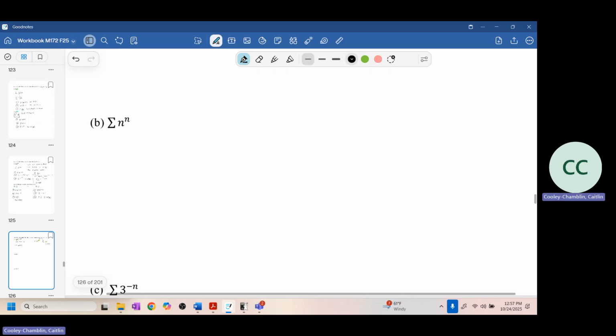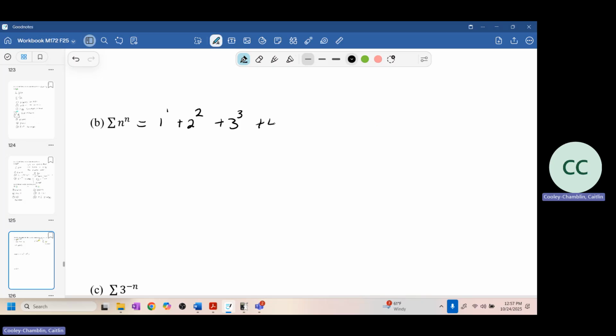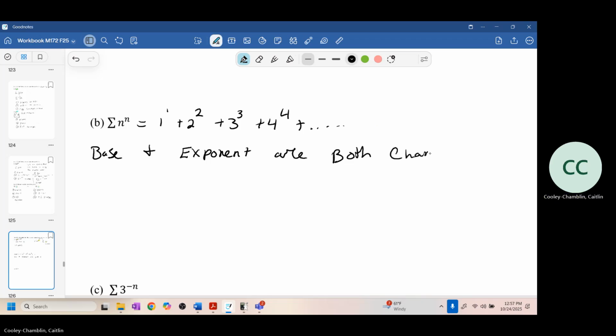Okay, B, if I write this out, I get 1 to the 1 power, plus 2 to the 2 power, plus 3 to the 3 power, plus 4 to the 4 power, plus, and it keeps on going. Notice that my base and exponent are both changing. So since they are both changing, it is neither.